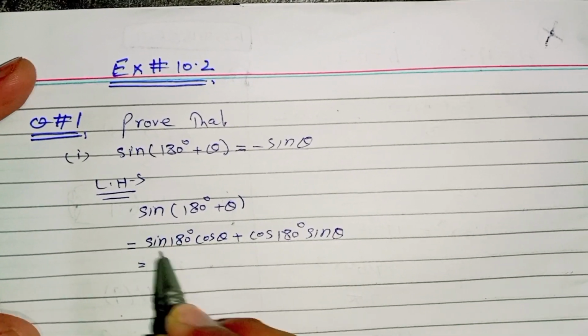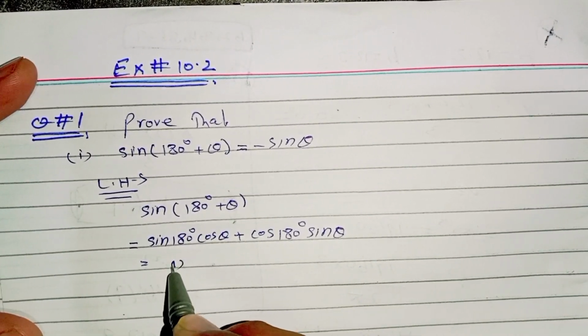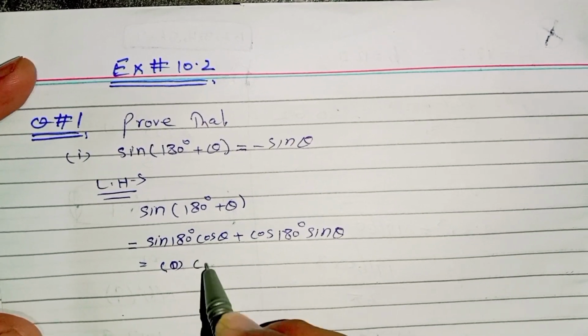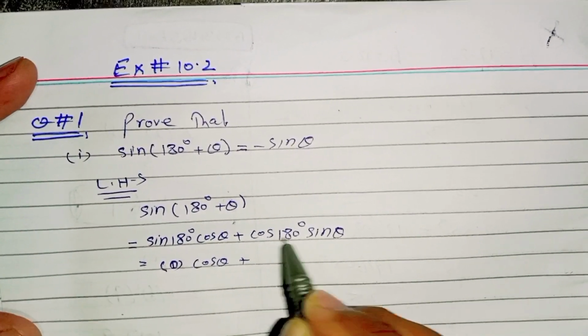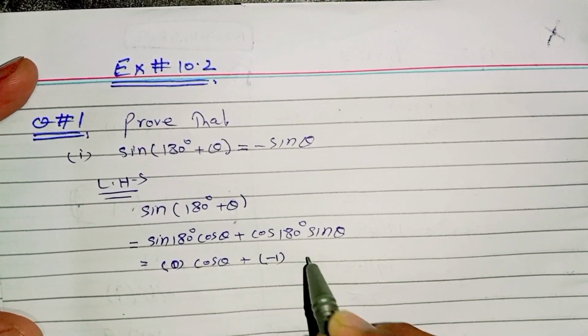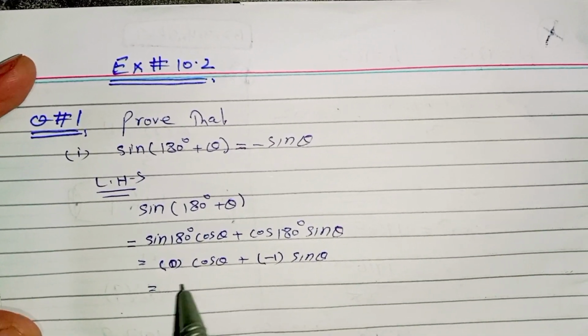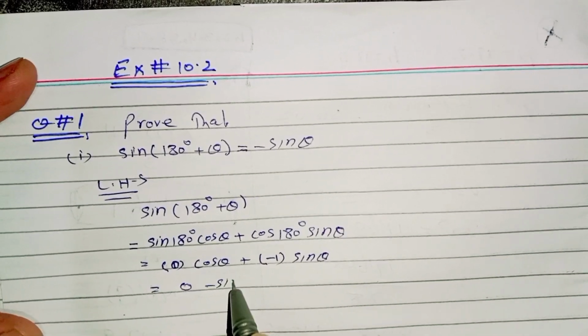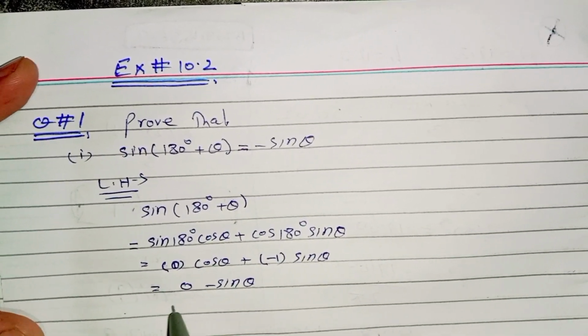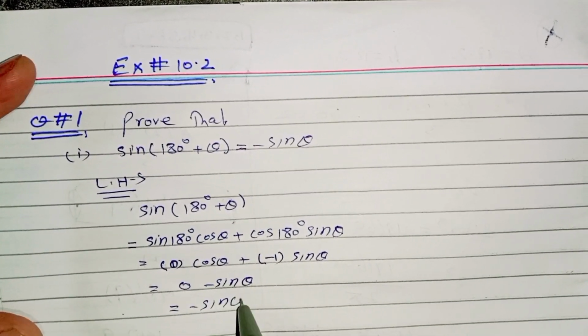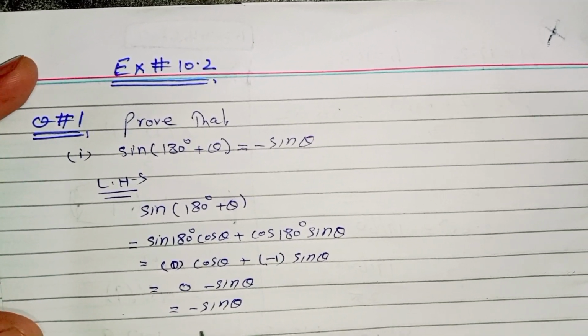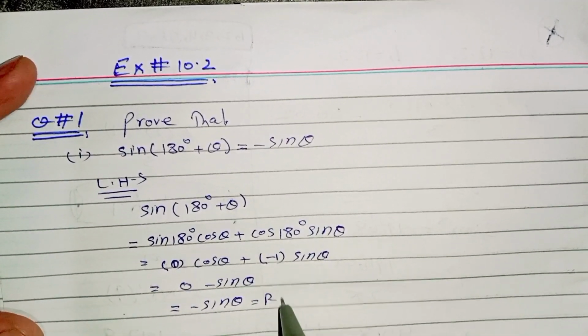We know that sin 180 degree is equal to 0 multiplied by cos theta, and cos 180 degree is equal to minus 1 multiplied by sin theta. So we have 0 minus sin theta, which is equal to minus sin theta, which is required right hand side.